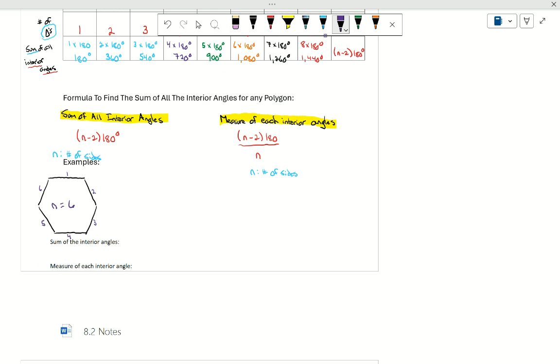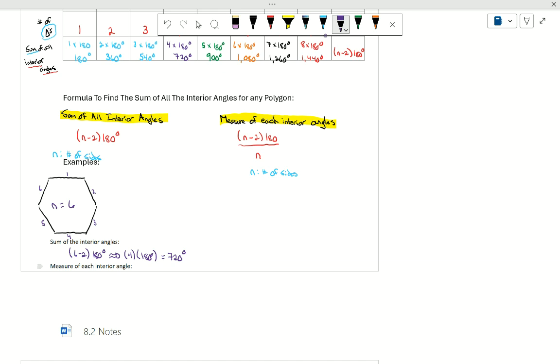So to find the sum of the interior angles, I take n, which is 6, minus 2, and then I times that with 180 degrees. That becomes 6 minus 2 is 4, times 180 degrees, and that's equal to 720 degrees. So the sum of all the interior angles is 720 degrees.